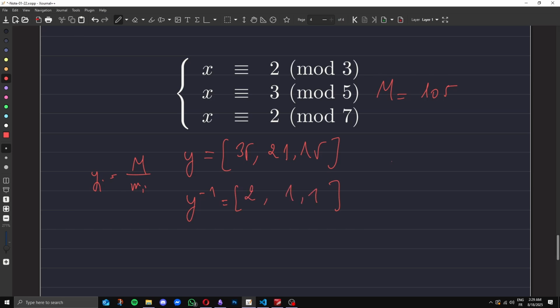Now, if we calculate the sum to 3, k is equal to 3. So the sum of ai, yi is going to be equal to 2 times 35 times 2 plus 21 times 10 times 3 plus 15 times 2.